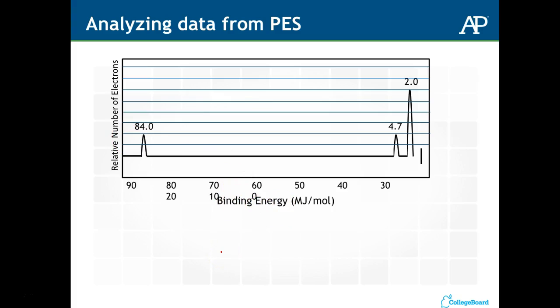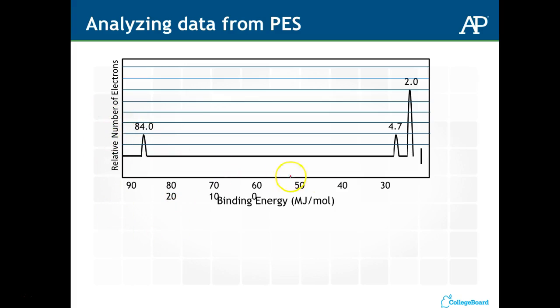Binding energy is the energy of attraction between the positive nucleus and the electrons. These electrons over here have a higher number, which means they have a stronger attraction, or more binding, to that positive nucleus. These electrons over here have a lower number and therefore less attraction, or less binding energy.